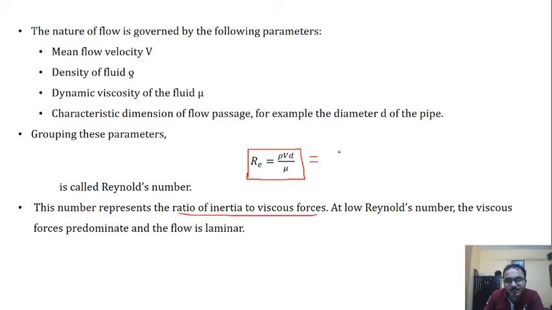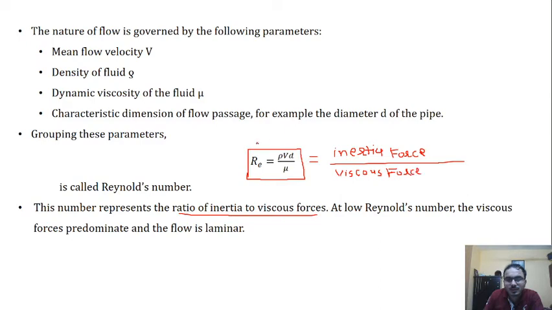So this is equal to inertia force divided by viscous force.